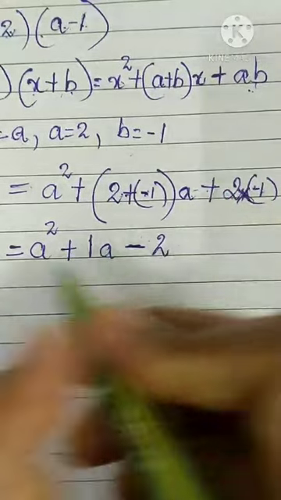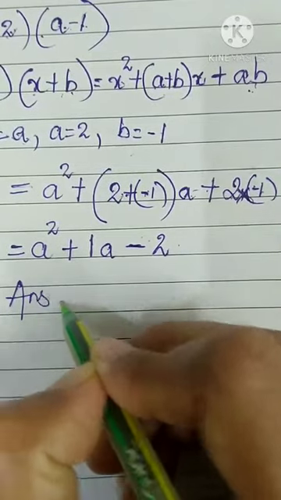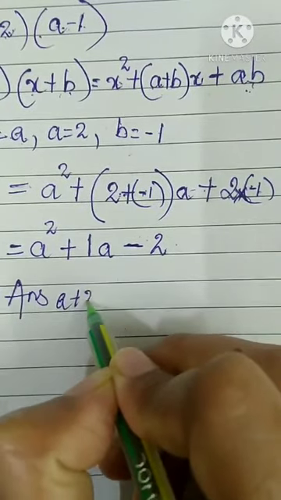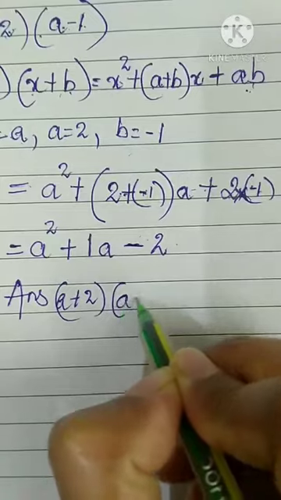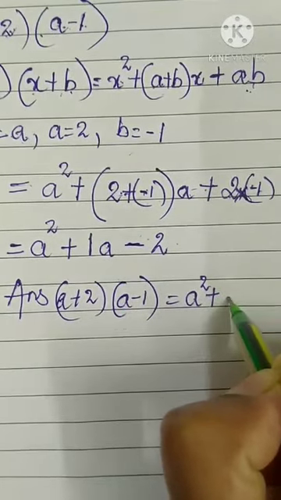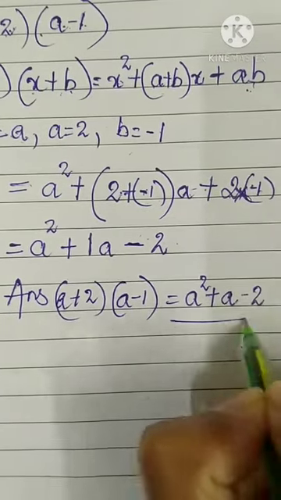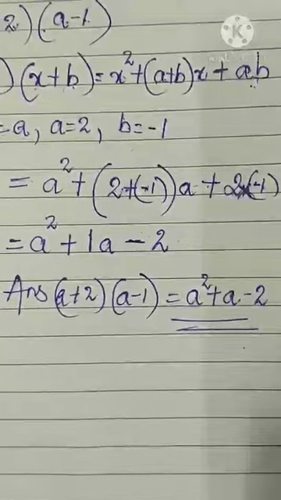So we have the final answer: a plus 2 multiplied by a minus 1 is a square plus 1a. In place of writing 1a, you can just write a minus 2. This is the solution. Hope you understood.